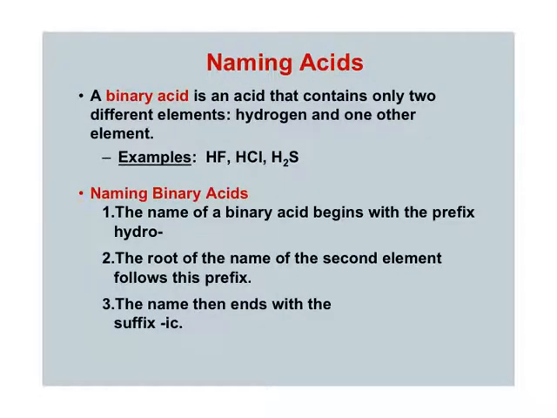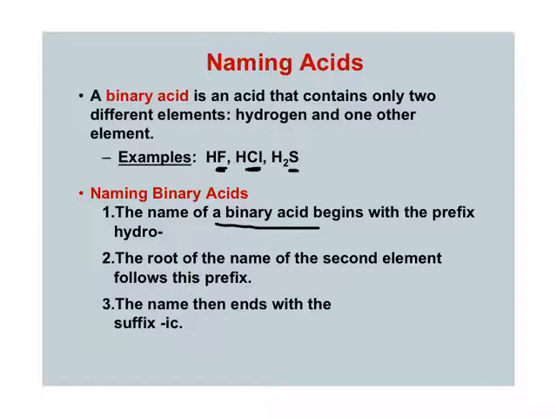So let's talk about naming acids. We've done this once before, most of us have, at least. When we name them, it's anything with a hydrogen and an ion attached to it. Binary acids have only two elements, hydrogen and that element. So if we're naming a binary acid, you start with hydro, then you tell me the name of the anion.